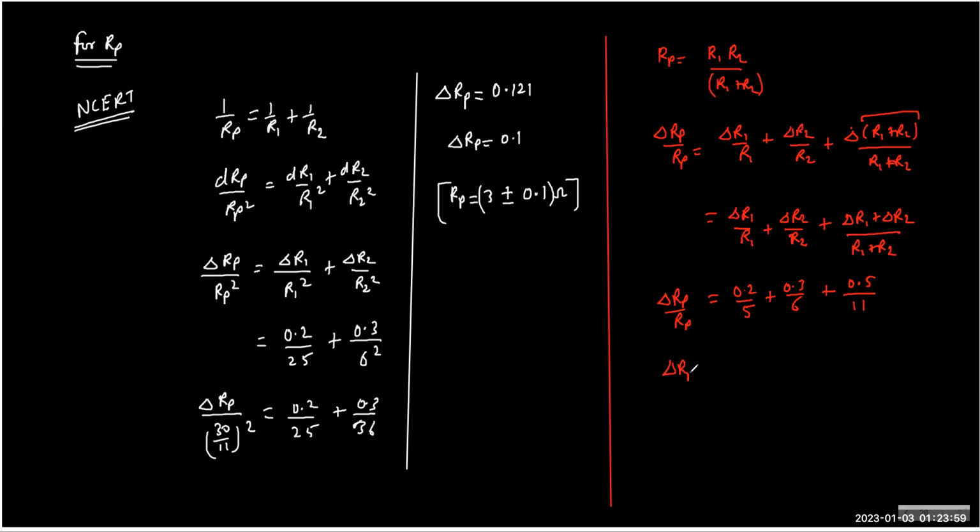So if I find delta RP here using the calculator again, can you tell me, guys, what is the answer? Quickly.